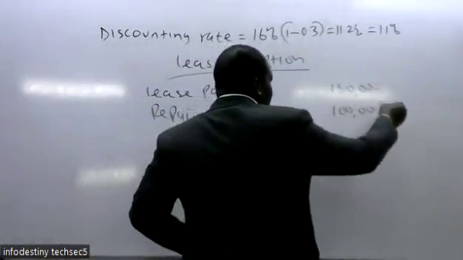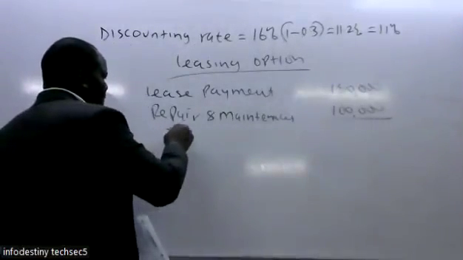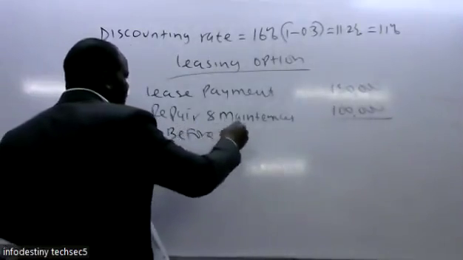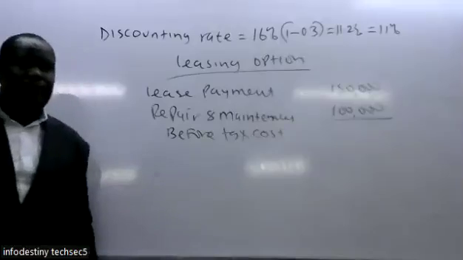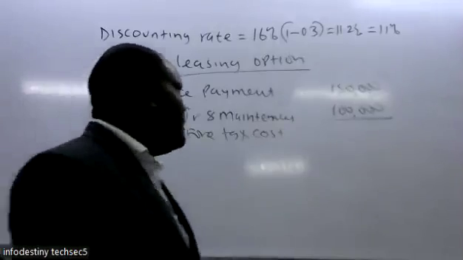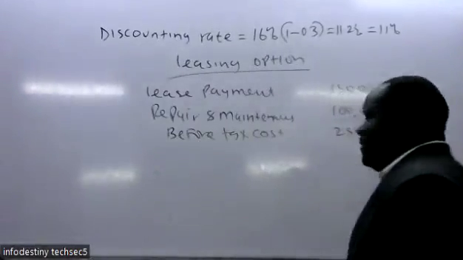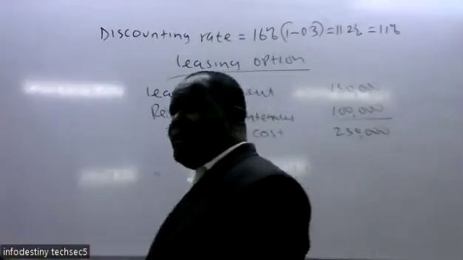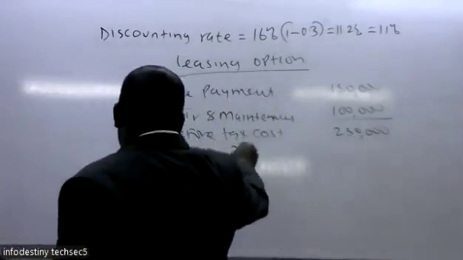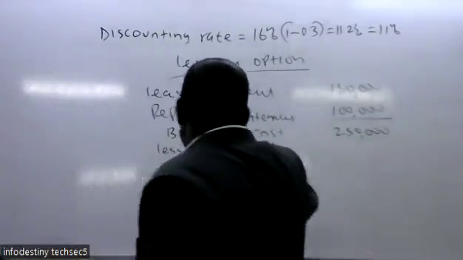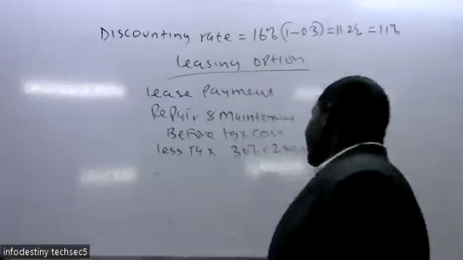So we get the total costs, the before tax costs, which give us 250. So we need to less the tax, because those costs are normally tax allowable expenses. Tax was 30%, so it is 30% of 250,000.